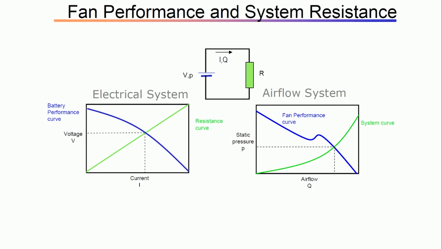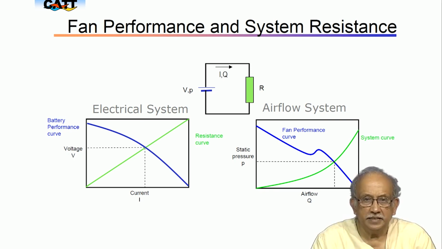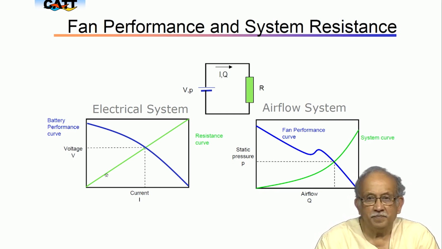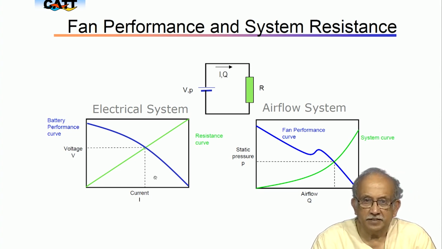Now, our problem is, how do you decide 2 things? This is something which we understand very easily. Typically, this is a load curve. As we know, if you increase the voltage, current will increase.